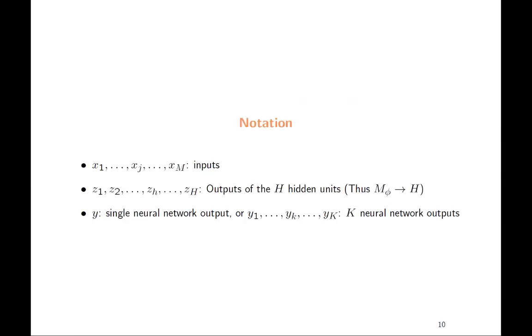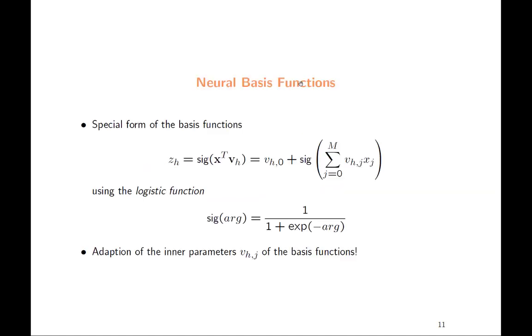And for the notation, we have m inputs again. H is the number of hidden units. And maybe we have a single neural network output. Sometimes we have k of them, so we have several outputs. I will show you in a second how this works.